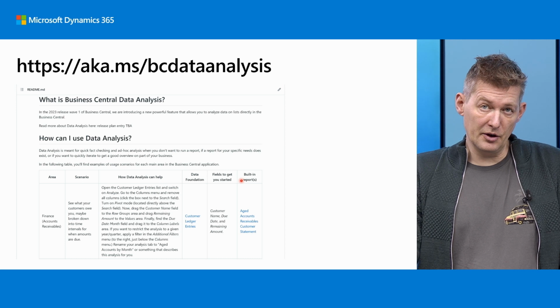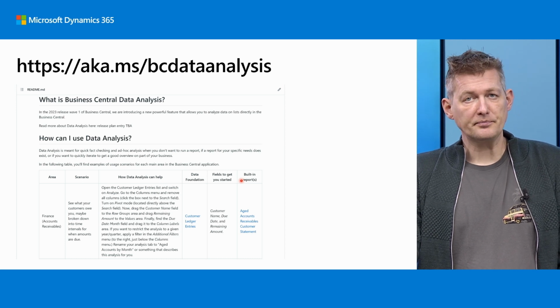So take a look at this catalog, try them out. There are examples with Pivot, without Pivot, and hopefully if you've been through a few of these, you will come up with more. And if you do, let me know and I will add them if they make sense for all customers in the world.